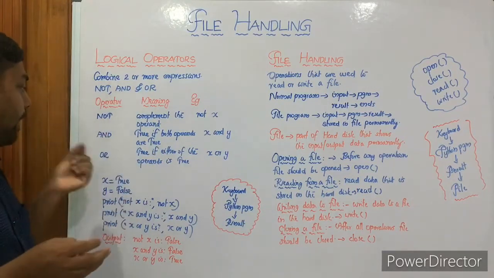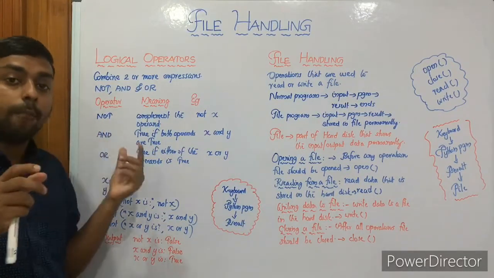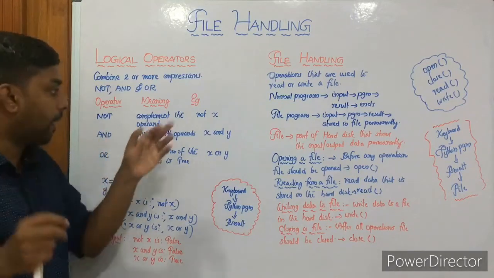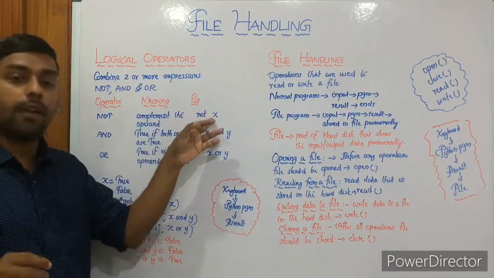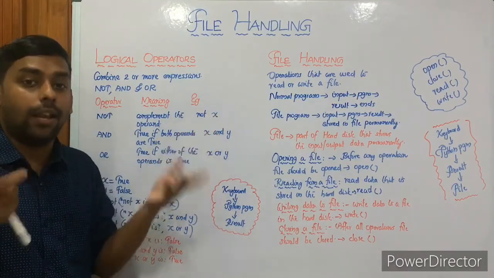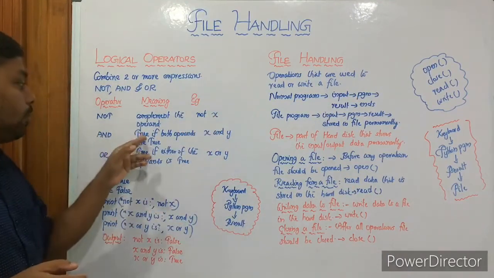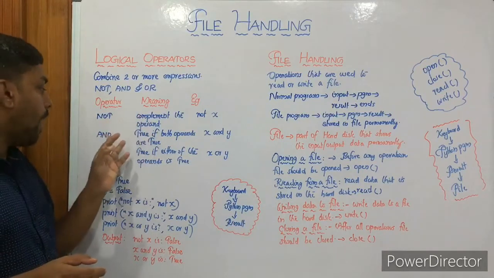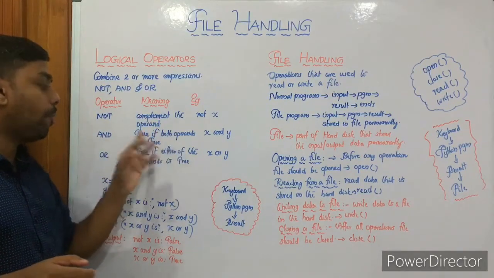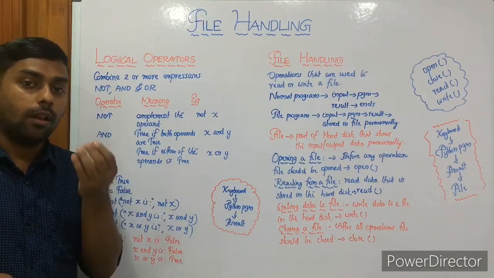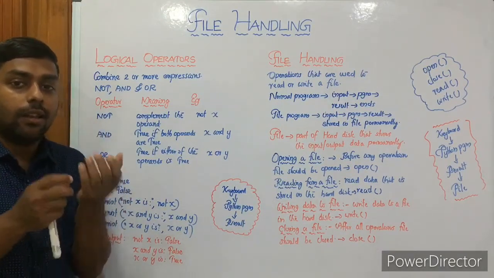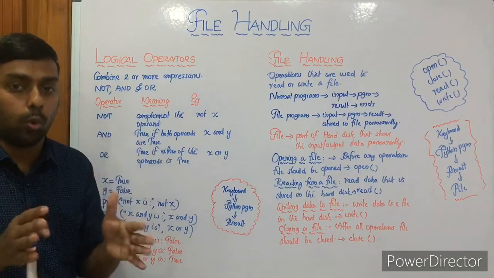Then, and and or are binary operators, which work on two operands. You can see an example for not x. X can have either true or false as its value. Then and gives you true if both operands are true. And gives you true only if all the operands are true.